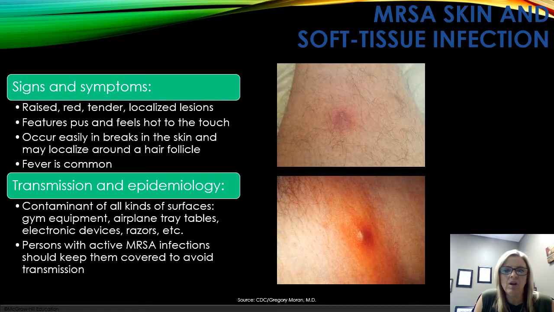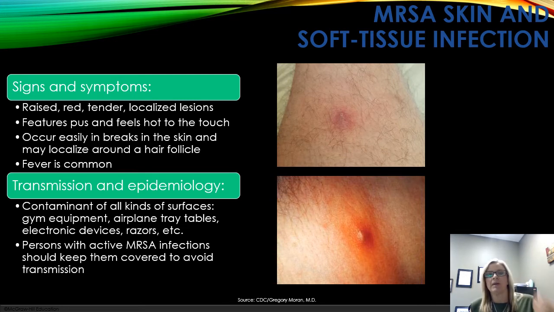All right, so here we have some pictures. One of these is actually a brown recluse bite, and one of these is a MRSA infection, okay? These are very commonly, I don't want to say misdiagnosed, but mistaken, I should say, often between the two.